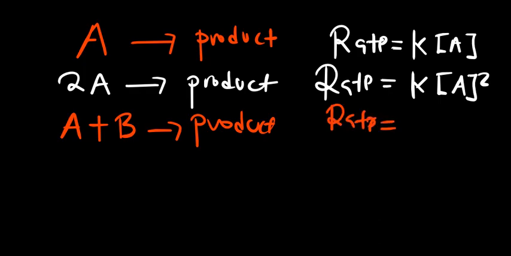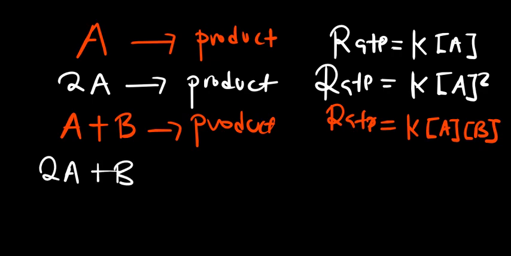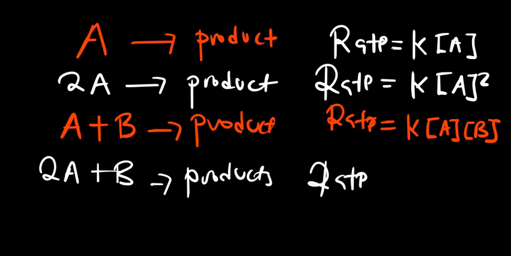The rate is going to be the rate constant multiplied by the concentration of A multiplied by the concentration of B. However, let's say now we have 2A plus B, which give us the products. What is going to be your rate? It is just going to be K multiplied by A, and since A is doubled, I'm going to put squared, multiplied by B.